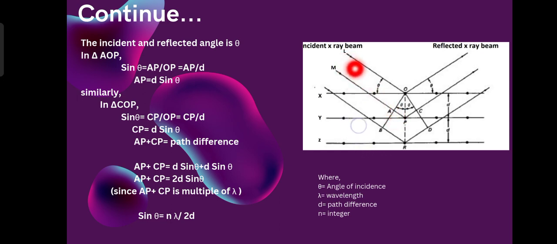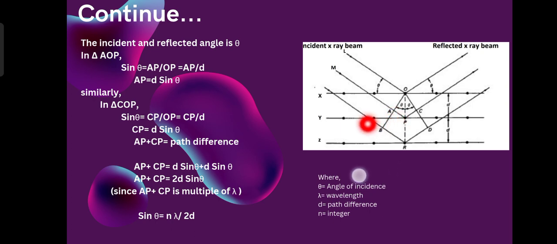Okay, so from L to O and from O to this point, the distance is the same. However, in this case, it needs to travel these extra distances, and these extra distances are nothing but the path difference. So ideally the path difference should be a whole number, so that it results in constructive interference.